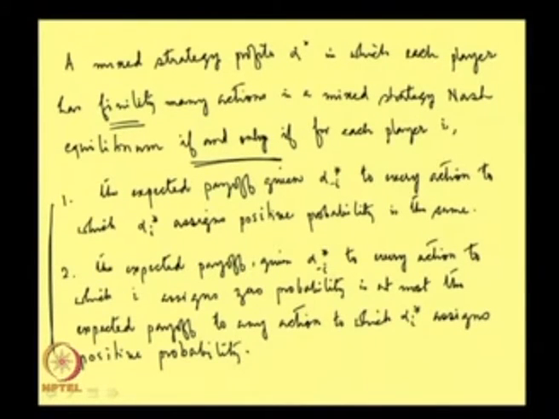Well, this is not very difficult to show. Suppose alpha star satisfies one and two, these two conditions, then alpha star is a mixed strategy Nash equilibrium.